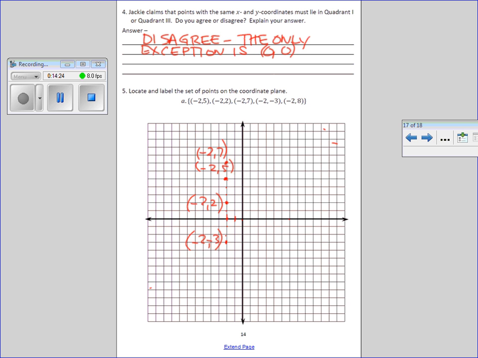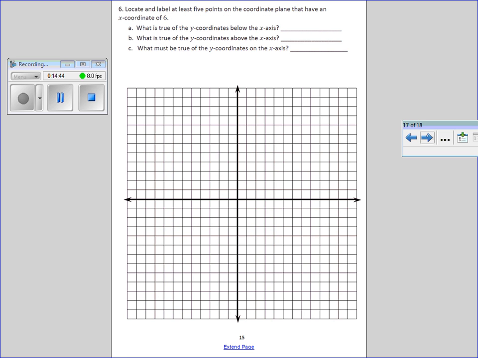Negative 2, positive 8. Real tight, but it's in there. And those are my 5 points. Okay? Is there any follow-up questions to that?